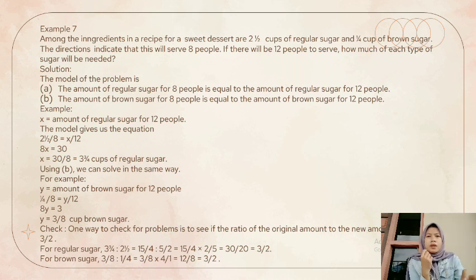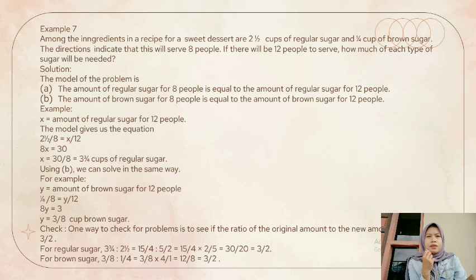Using B, we can solve in the same way. For example, y equals amount of brown sugar for 12 people, and (1/4)/8 = y/12.